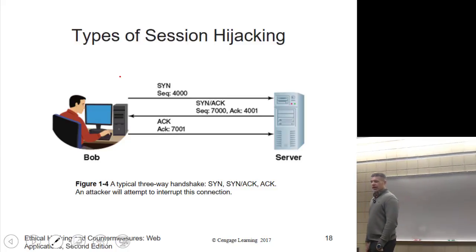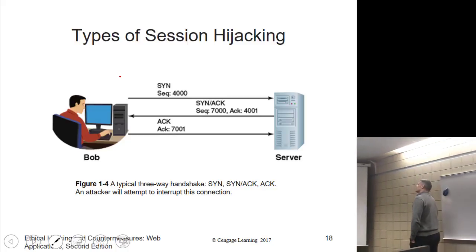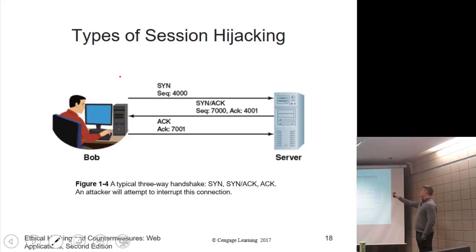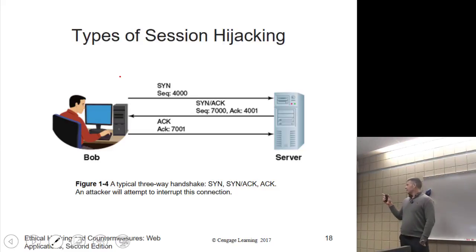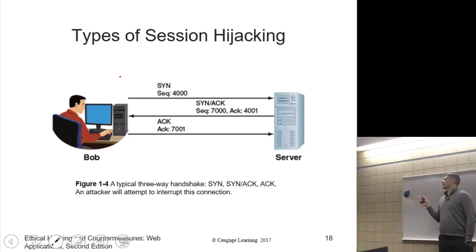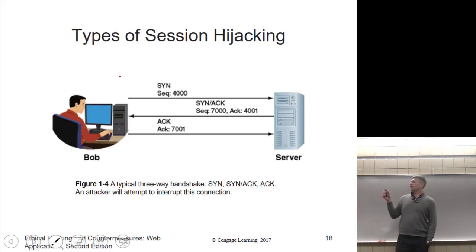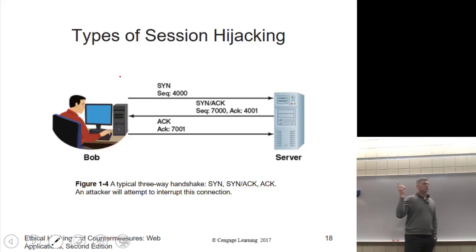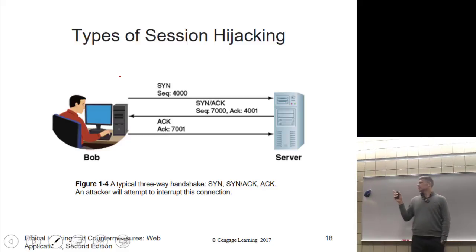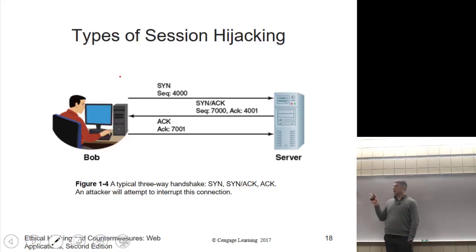All right, so here's our session hijacking. We've got a synchronization from Bob. Finally, Bob and Alice get into the picture. He sends over sequence 4,000, and the server sends back sequence 7,000 and acknowledges 4,000 by incrementing the number by 1, so the server sends back 4,001. Bob acknowledges sequence 7,001, right? I got number 7,000 from you, and I send that back.